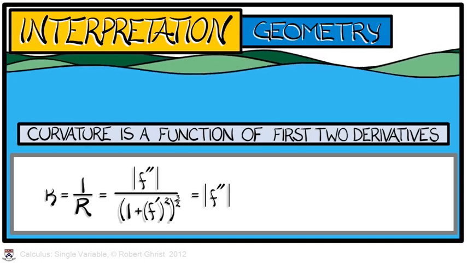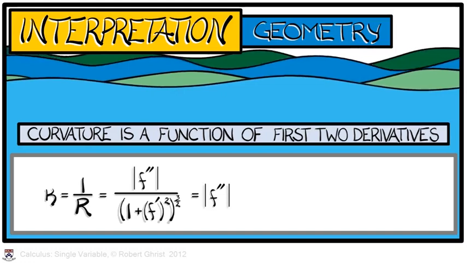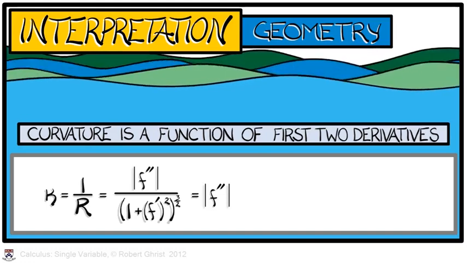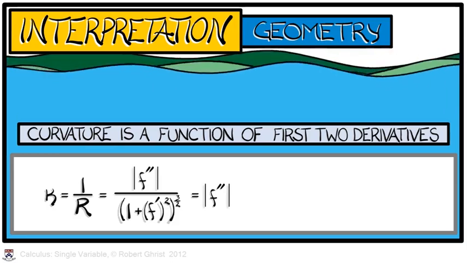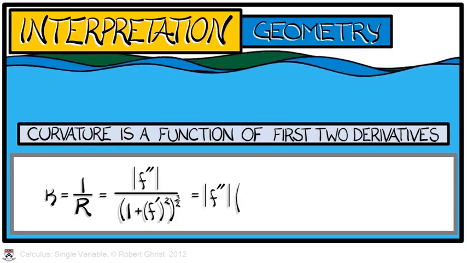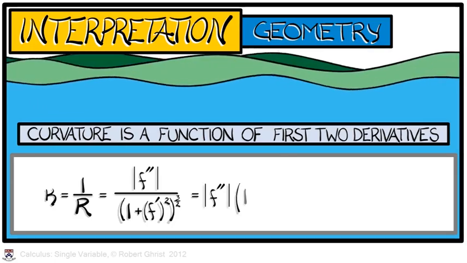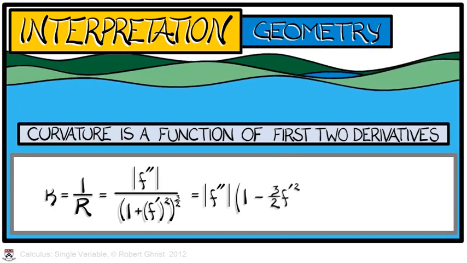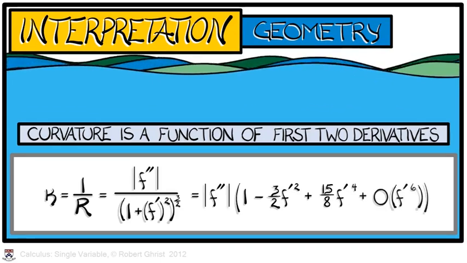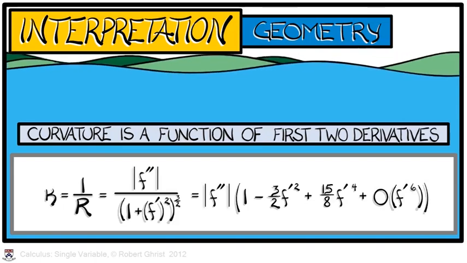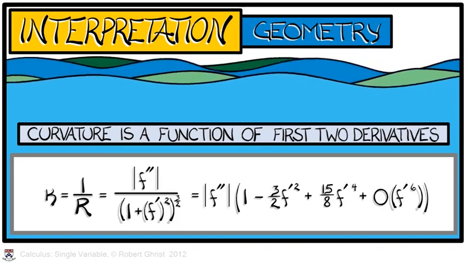If we were in a setting, let's say looking at ocean waves, where the derivatives were fairly small, then we could approximate the curvature by saying it's f double prime times what? Well, if f prime is small, we can use the binomial series to expand it as 1 minus 3/2 f prime squared plus some higher order terms in f prime.